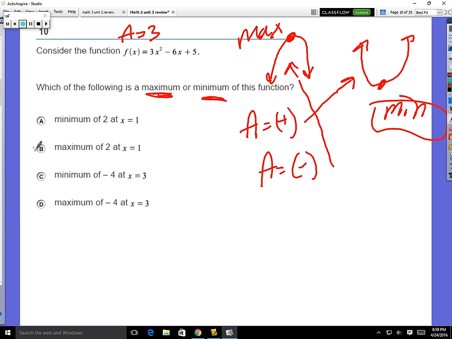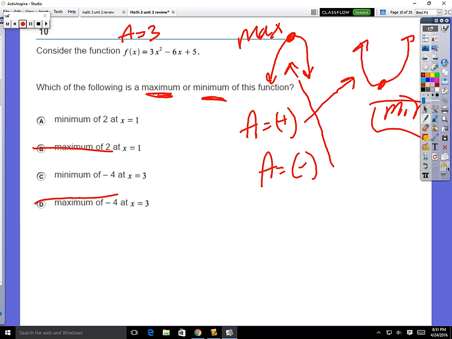I can kill B, and I can kill D. So now, are we going to go with A, a minimum of 2 at x is 1, or are we going to go with a minimum of negative 4 at x is 3? So here we go.